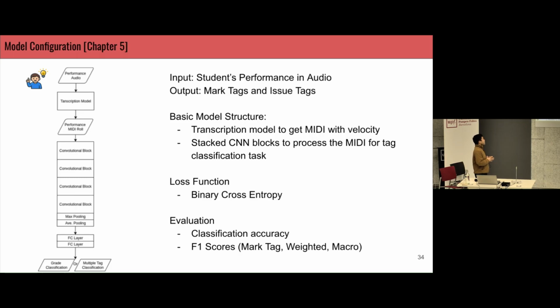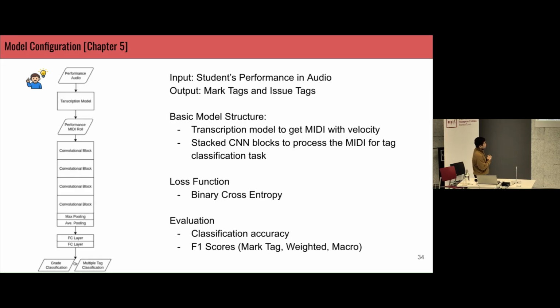The flow of the model is that the performance audio is transcribed into MIDI data with velocity. The MIDI information with velocity is processed by CNN blocks for the tag classification task. Binary cross entropy is used as the loss function because it's a binary classification task. BCE is the most suitable one here.